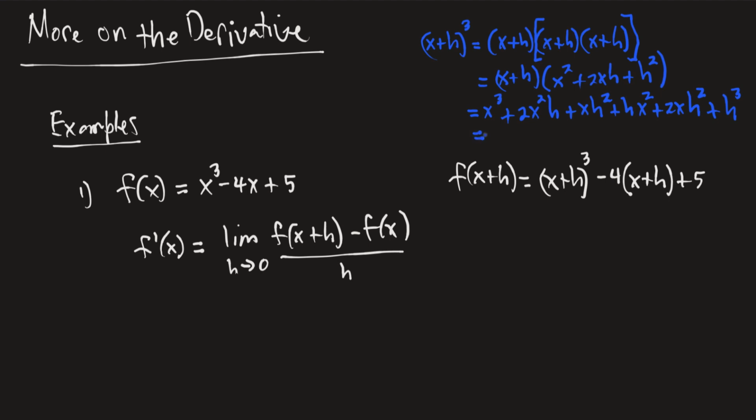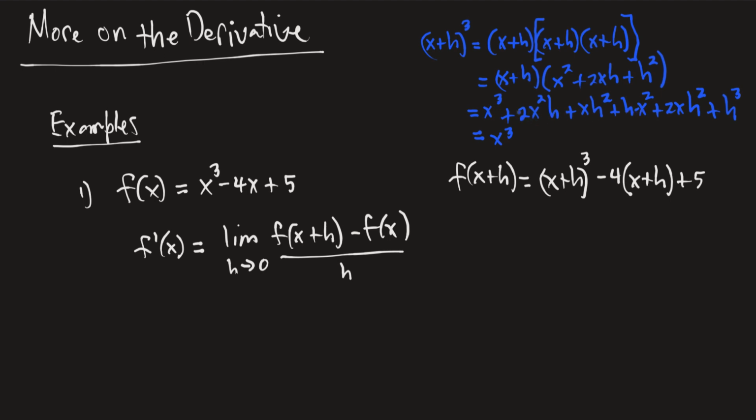Now let's see if there are any like terms. Well, there's only one x cubed, so that comes down. But if you look at it, we have 2x squared h, and then here's another x squared h. You might say, well, it's not written as x squared h, but because it's a product, we have that commutativity property where we know that x squared times h is the same as h times x squared.